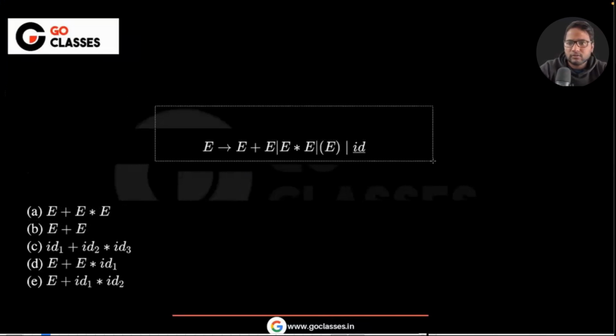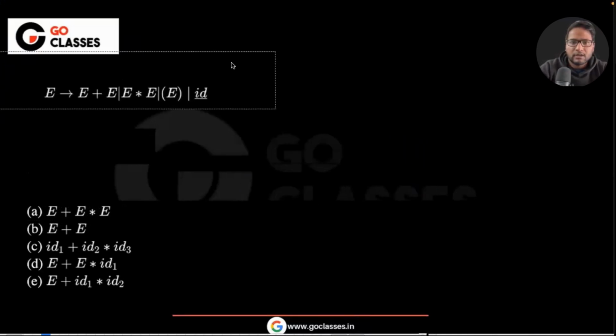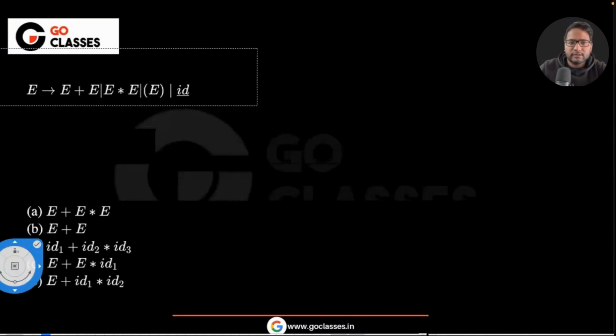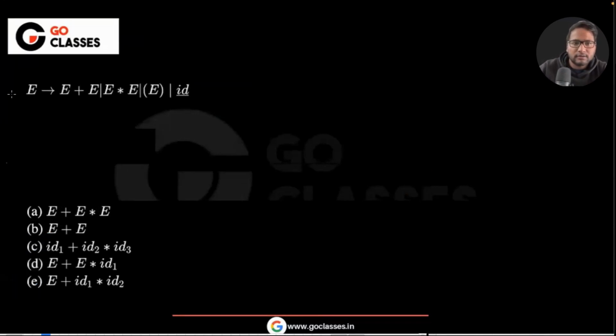Okay, so let's get started. Now, what is the handle in this option A? What do you think could be the handle? This is E plus E into E, right? So what do we need to do first? We need to generate the right sentential form. That's the procedure that we know: if you want to generate this E plus E into E, then how can you generate it?